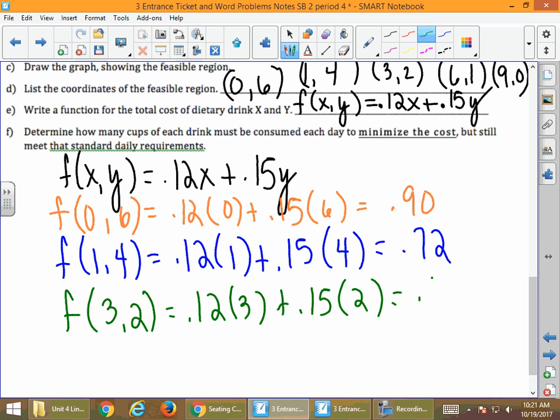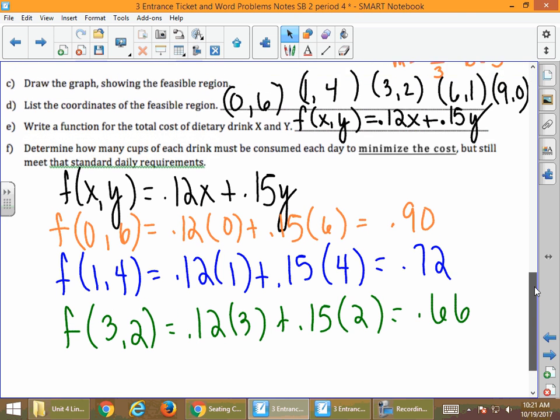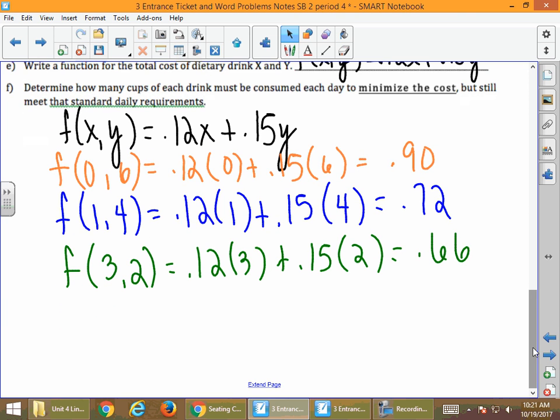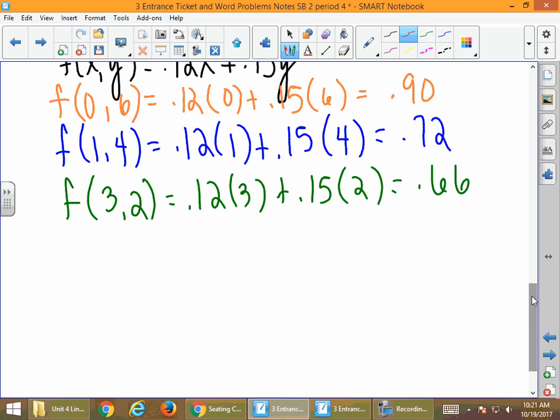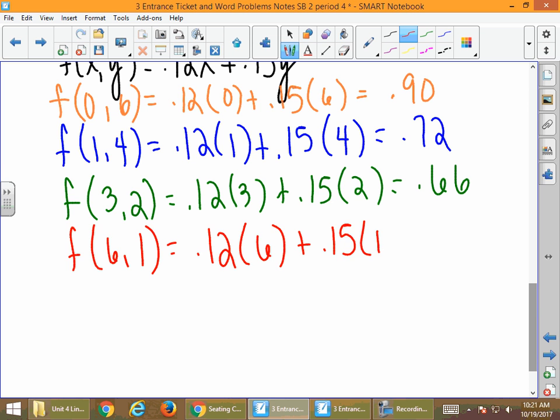It gives us 0.66. Next value is (6, 1). Six is going to go back in for x, and 1 is going to go back in for y. When we type it in, we get 0.87.